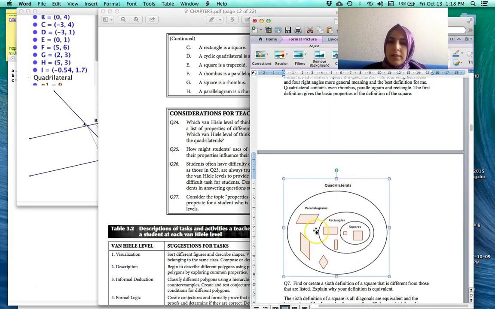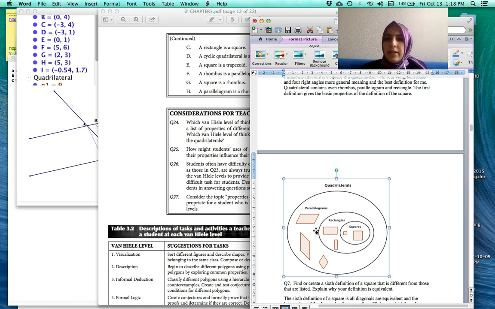Look at this shape. As the question says, students often have difficulty determining whether statements such as those in question 23 are always true, sometimes true, or never true, because the figure below shows that some of the shapes have common properties.